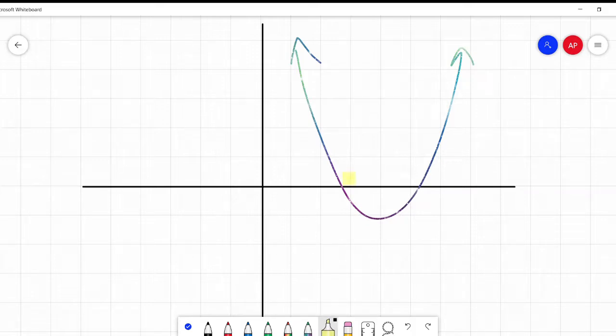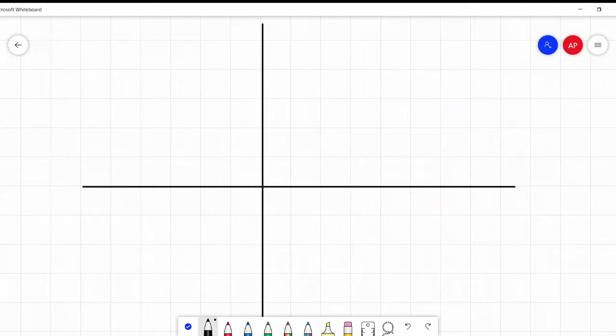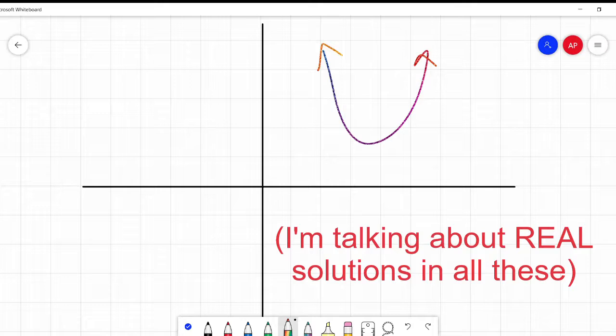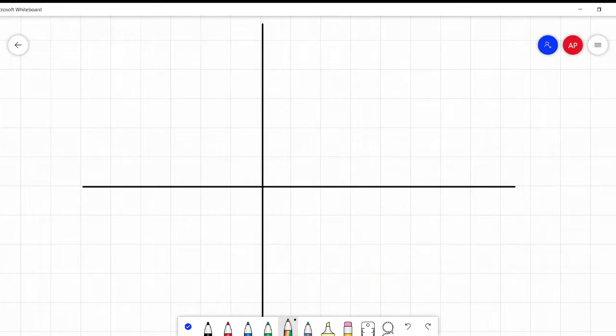They're wanting to know where it crosses the x-axis. Well, what if this thing doesn't cross the x-axis? What if it goes up here? Does it have any solutions? No, it doesn't. It has no solutions. It doesn't cross it anywhere. There's also some that might have one solution. That is, they just go boop and they just touch it.